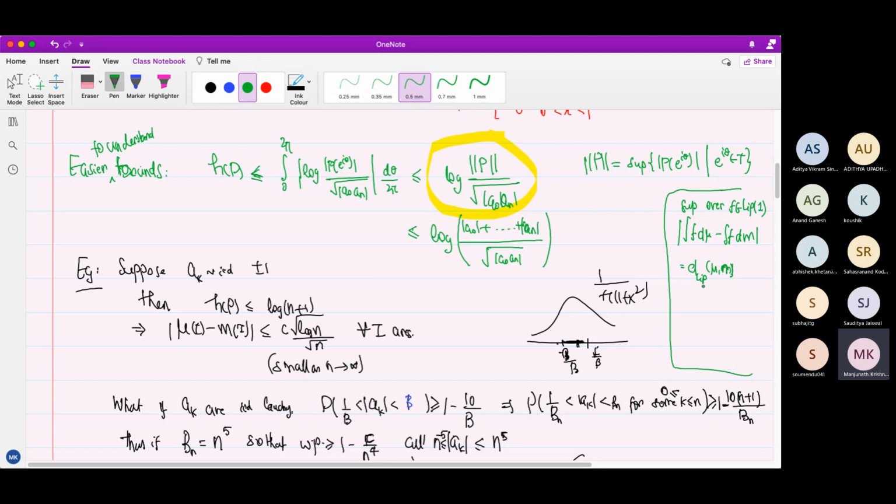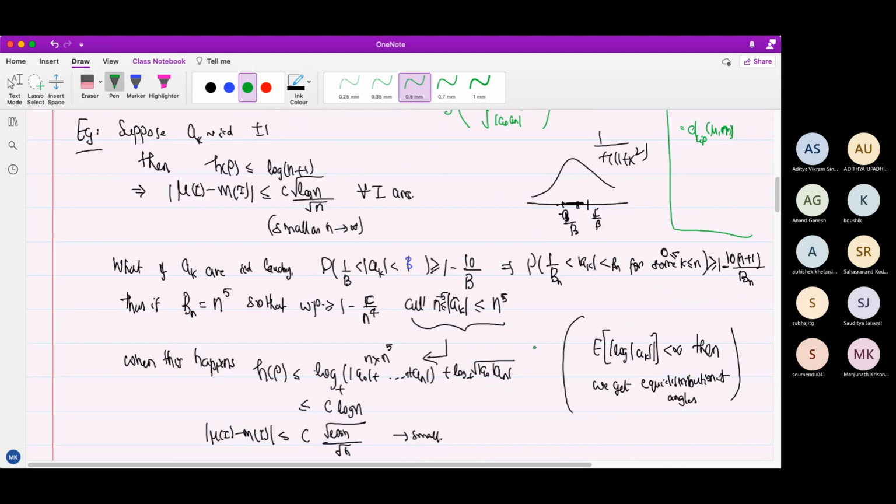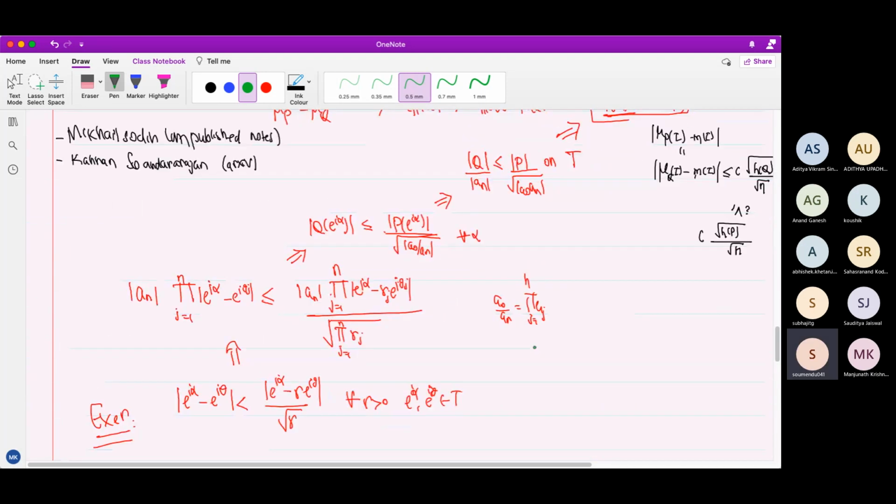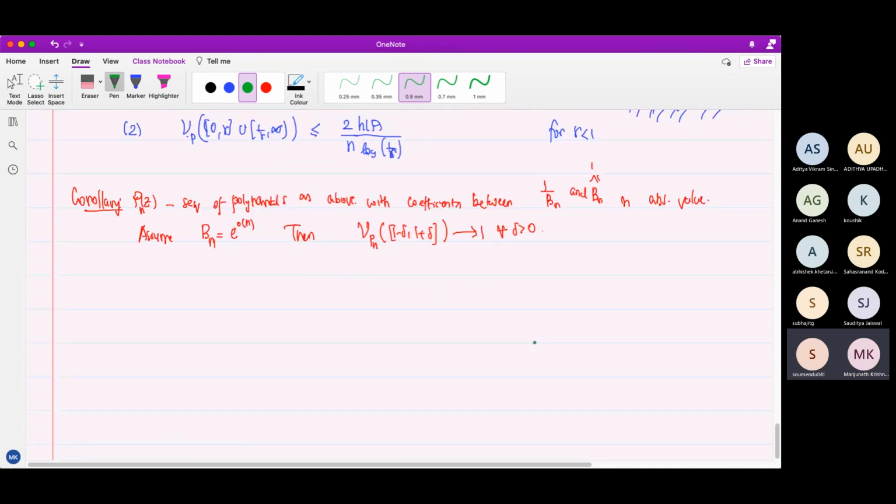But this you can definitely bound in terms of this, I think. But I don't know the other way. But it's a good question. It may be considered. I'm not too sure.